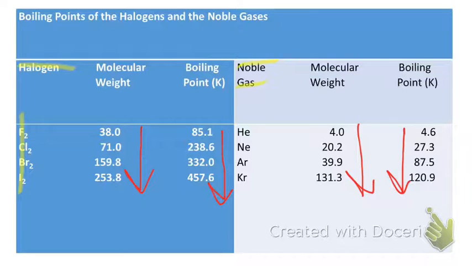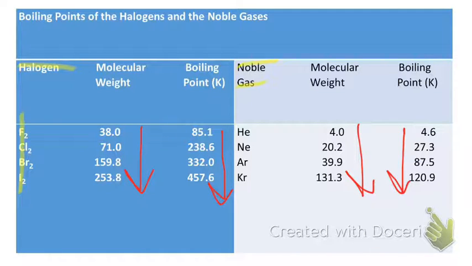What's really happening here, and this is what I would write down in your notes, is that as the molecular weight increases, so do the dispersion forces. The dispersion forces on these molecules increase. And the more dispersion forces there are in these molecules, the greater the boiling point is going to be.